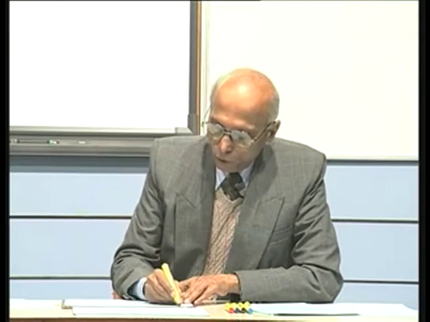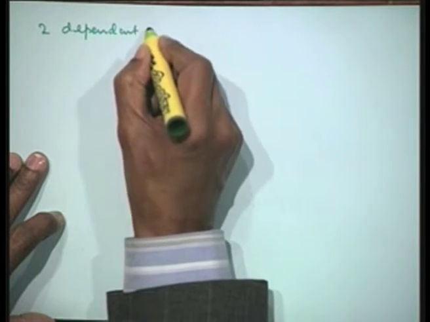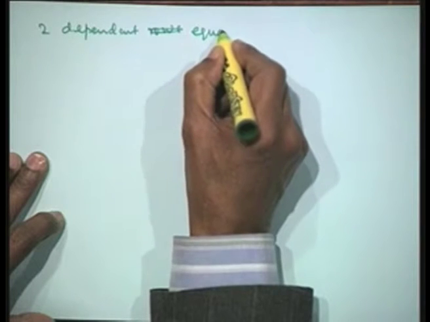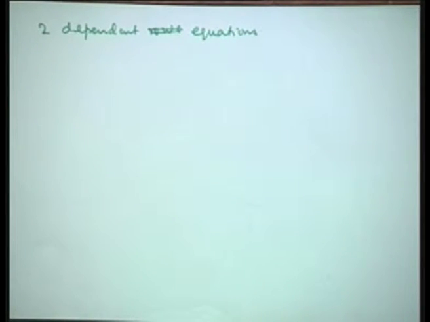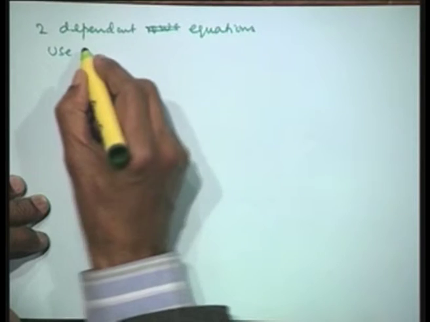Let us suppose there are two dependent rows, two dependent equations. Let us take the case when we have two dependent equations. Now, when I perform the Gauss elimination, let us say we use partial pivoting.